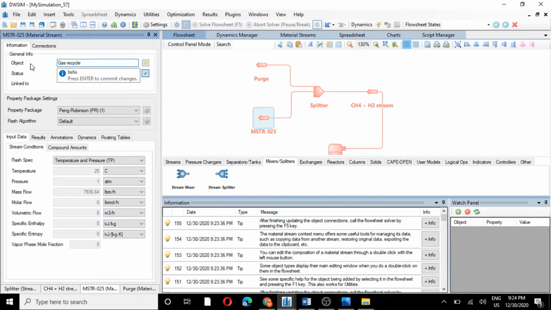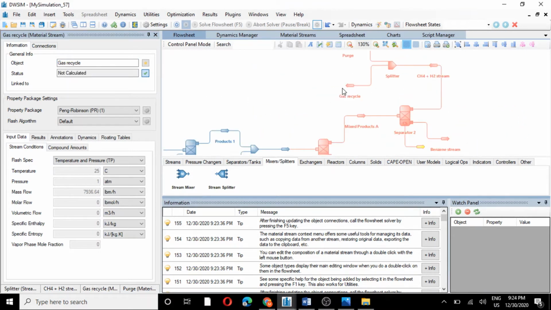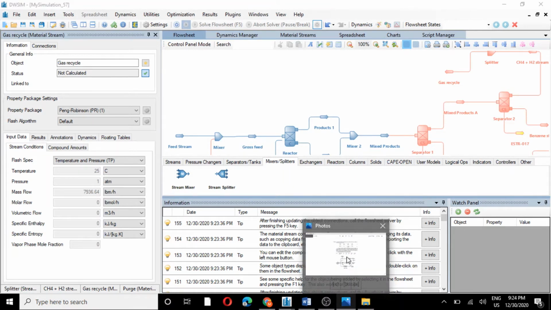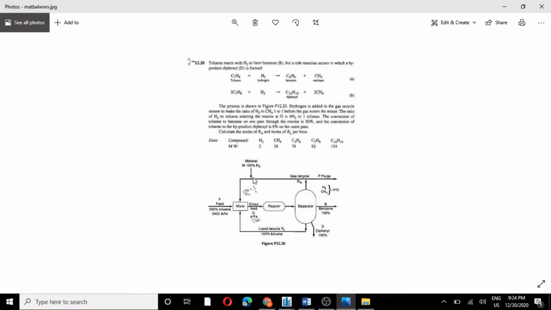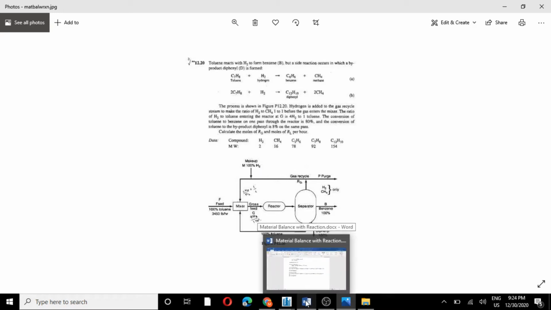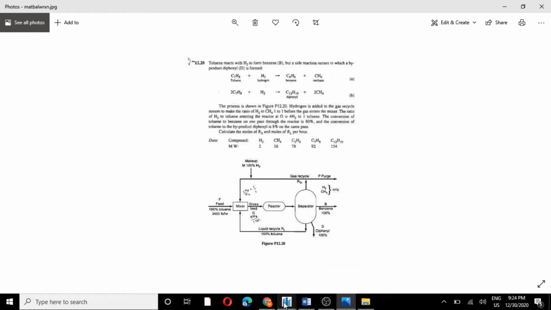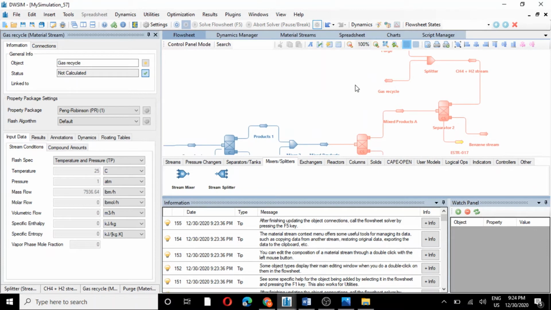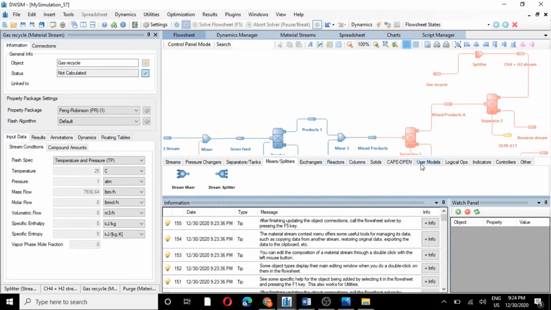So this gas recycle goes into a mixer in which it is mixed with a makeup stream, which consists of all hydrogen. So to do that, I'm gonna add the recycle block again, which can be found here.